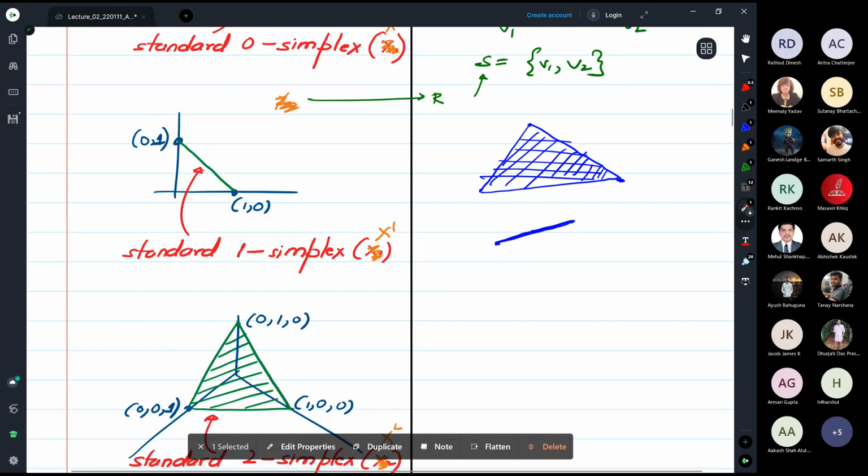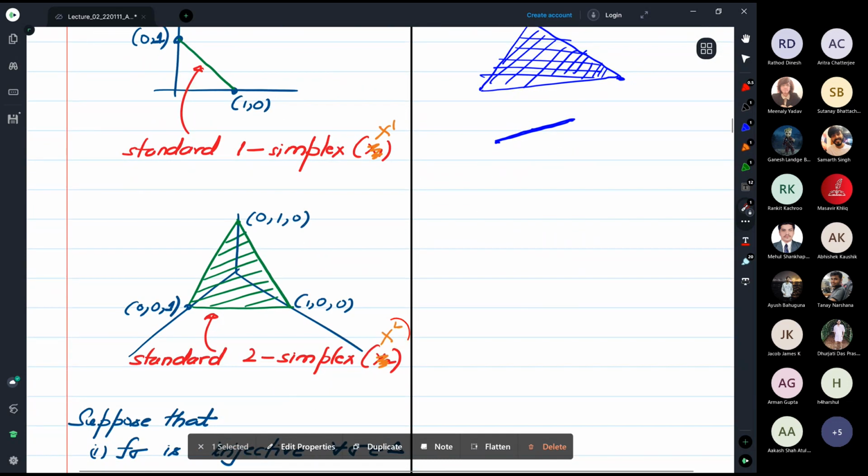Now if I ask you what is x2, for that you have to go to R3, look at these three vectors 1 0 0, 0 1 0 and 0 0 1, and look at their convex hull, right? So the convex hull will be the triangle that connects them, and it will include the interior as well. The convex hull is the smallest convex set that contains them.